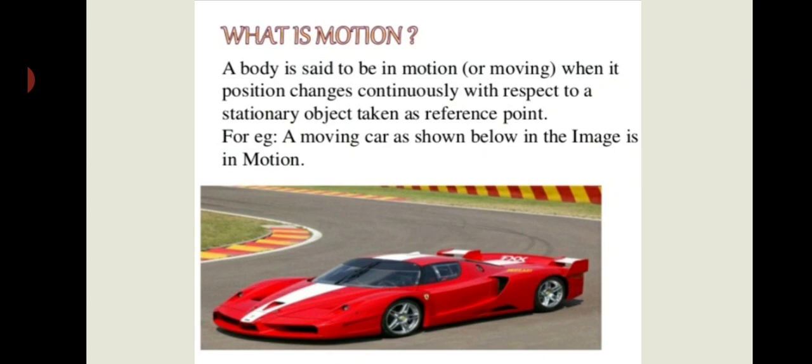Means we are comparing the position of a car with respect to surrounding objects. Now here a car is changing its position continuously with surrounding objects. So we say that the car is in motion.